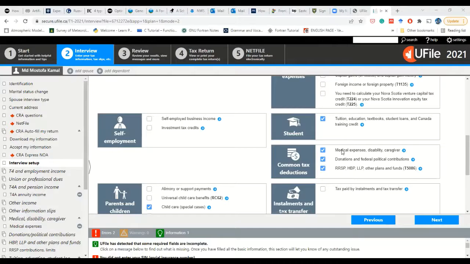Claim health and dental fees. Yes, I already mentioned, Sushant. You cannot claim your health and dental fees from 2020 in the form of 2021. If you have anything unclaimed from 2020, then you need to submit your 2020 tax return.